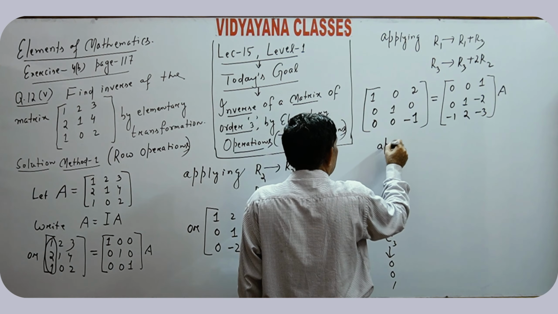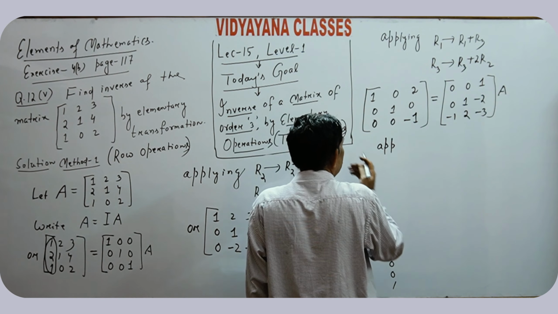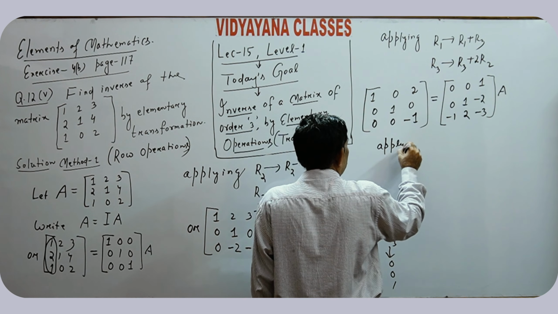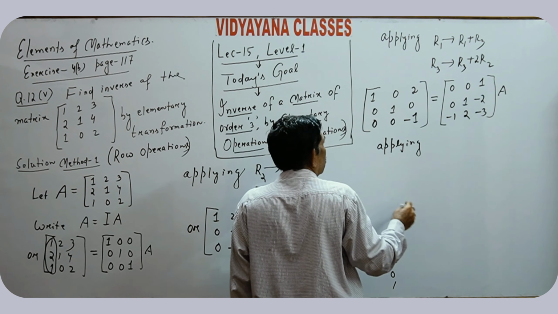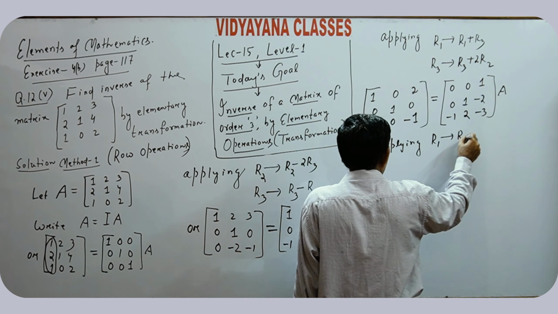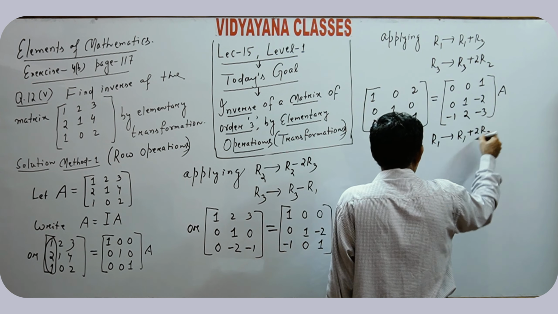Apply. Row 1 replaced by row 1 plus 2 times row 3.